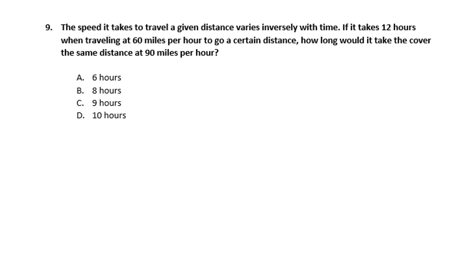The speed it takes to travel a given distance varies inversely with time. If it takes 12 hours when traveling at 60 miles per hour to go a certain distance, how long would it take to cover the same distance at 90 miles per hour? A is 6 hours, B is 8 hours, C is 9 hours, D is 10 hours.